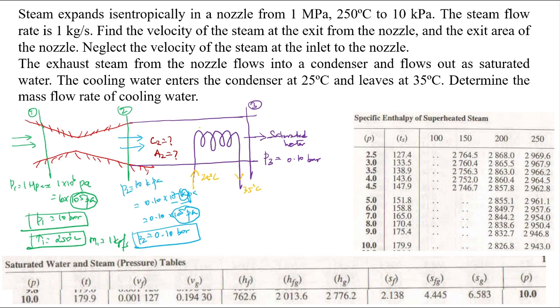So the cooling water absorbs heat from the steam and increases to 35 degrees Celsius. The steam is fully converted into saturated water. Here we are going to find the mass of cooling water that enters the condenser to cool the steam to saturated water.